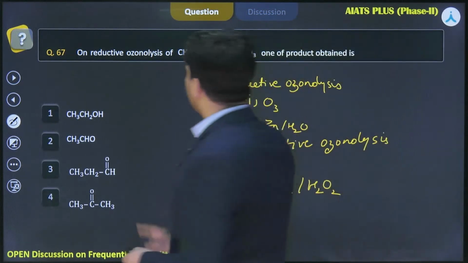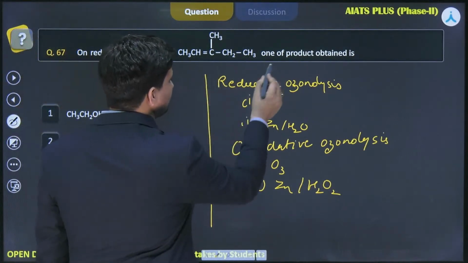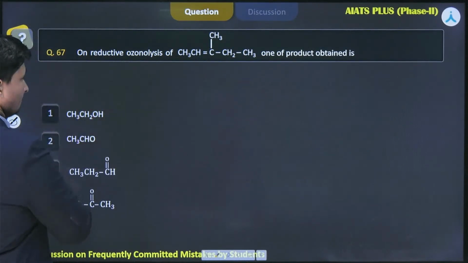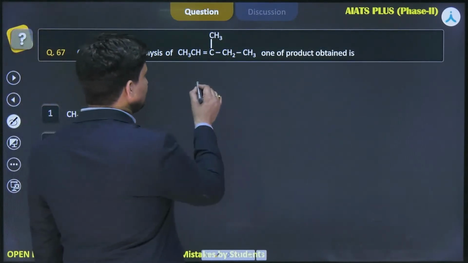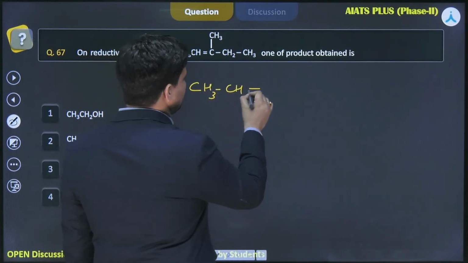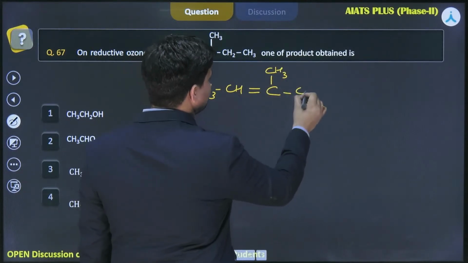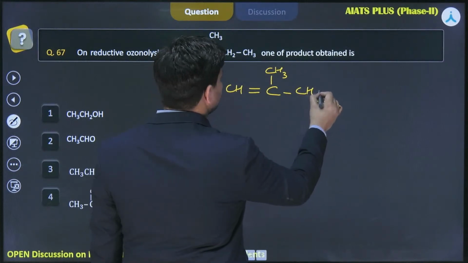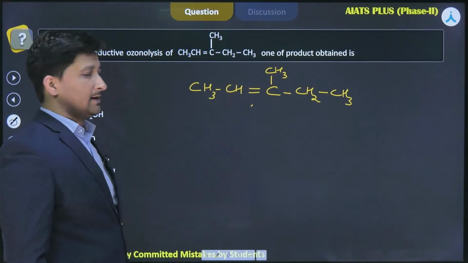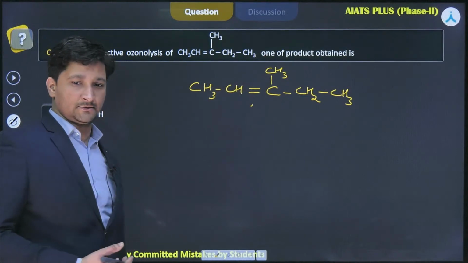You can see here the reductive ozonolysis of CH3CH double bond C CH2CH3. One of the products obtained is... Now, I have just told you that you just have to apply a shortcut method here. Just break these two bonds, and this is a NEET-2025 question asked on the same concept.